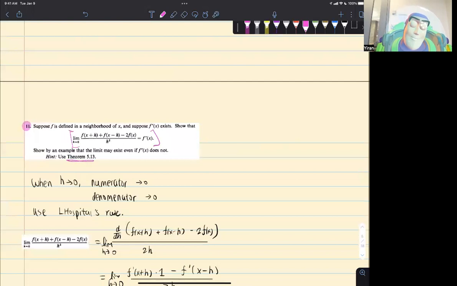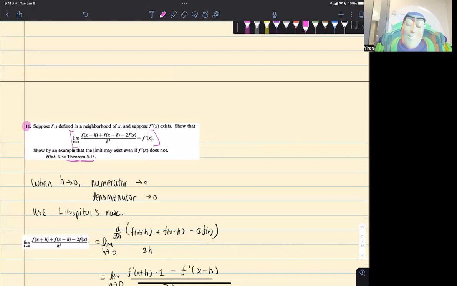Okay, I recall, so we need to use L'Hopital's rule. Why can we use that? We check the conditions. As h converges to 0, the numerator converges to 0 and the denominator converges to 0. So the conditions are satisfied.